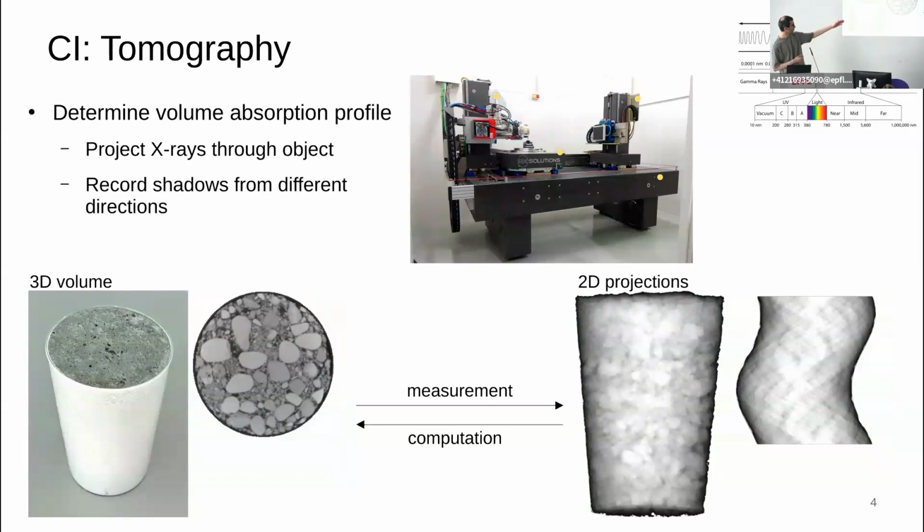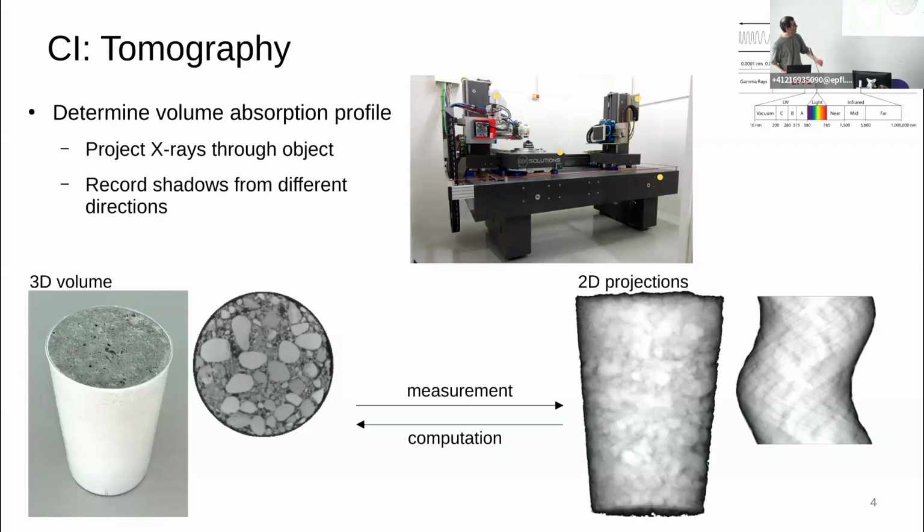So you record these 2D projections of the object, which are 2D images, and you want to reconstruct the 3D volume of the insides. And here we definitely need to use a computer because we're going from a 2D domain to a 3D domain. So this is one domain in the X-ray regime.